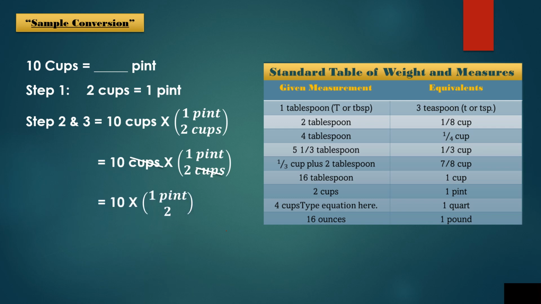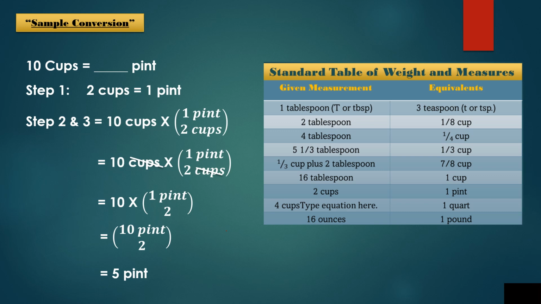Then, next, okay, so na-cancel na natin yung cups. Ang maiiwan na lang is 10 times 1 pint over 2. Okay, so i-multiply natin yung 10 sa 1 pint. Okay, 10 times 1 is equals to 10 pints, and then over 2. Copy lang natin yung 2 dito sa baba. Then, next natin, okay, so 10 divide by 2 is equals to 5 pints.